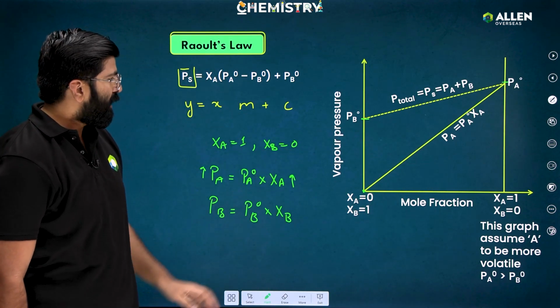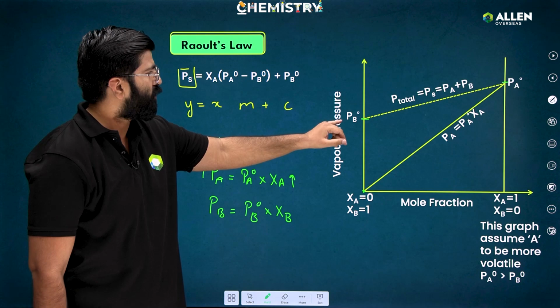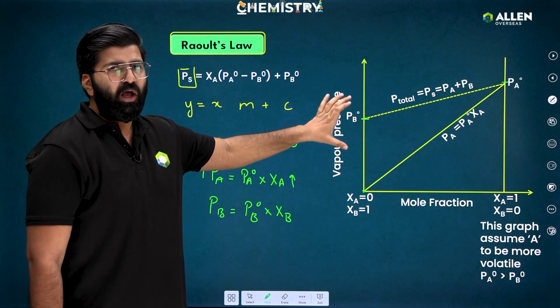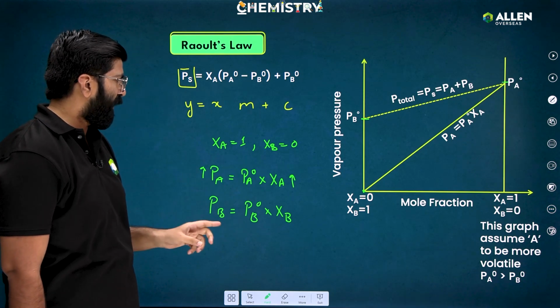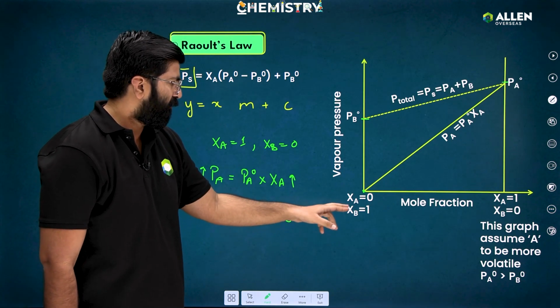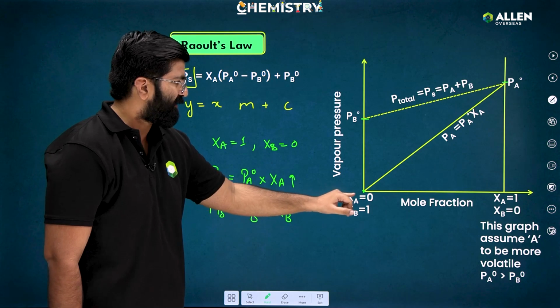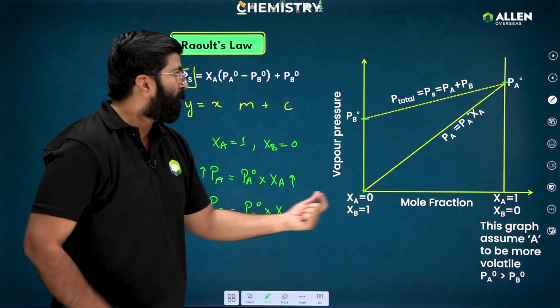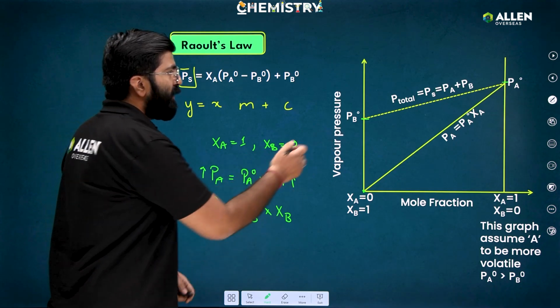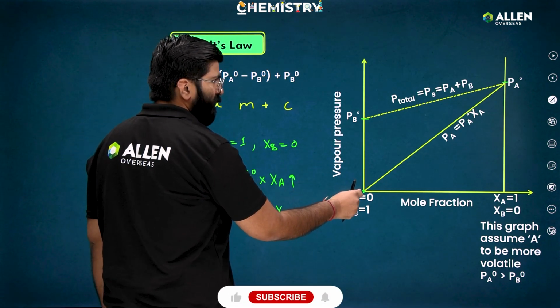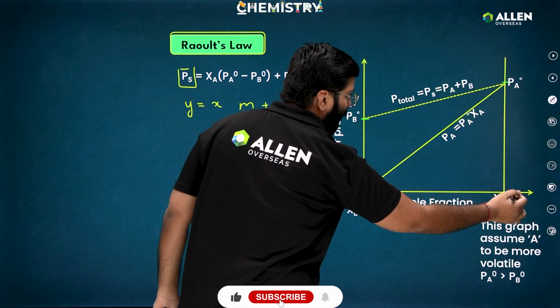Now, when it is your PB naught, the vapor pressure, what will be the pressure for your PB? For this situation, just tell me, XB is equal to 1, XA is equal to 0. So over here, there will be a maximum vapor pressure of your PB. So how did the graph start from 0 and end over here? Because over here it will be maximum.